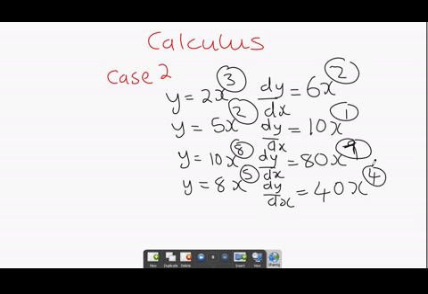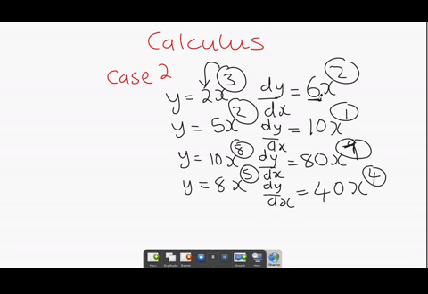So it's quite safe for us to say that the exponent is decreasing by 1. So we are subtracting 1 from the exponent of x. But what is happening to the coefficient of that x? If you look at the coefficient, the 3 would go and multiply with the 2 to give us the 6.